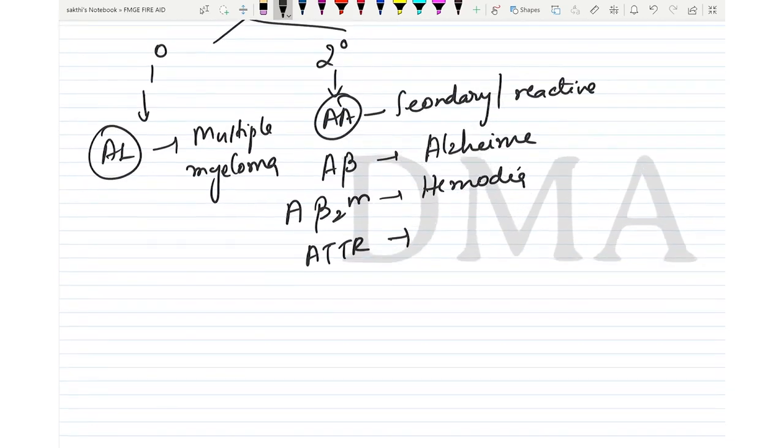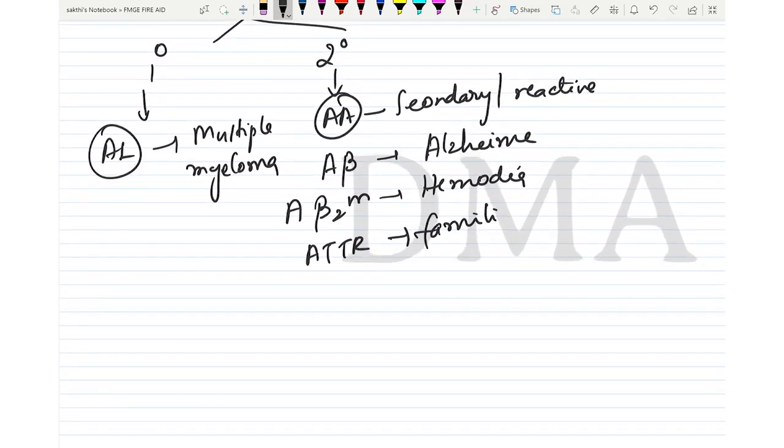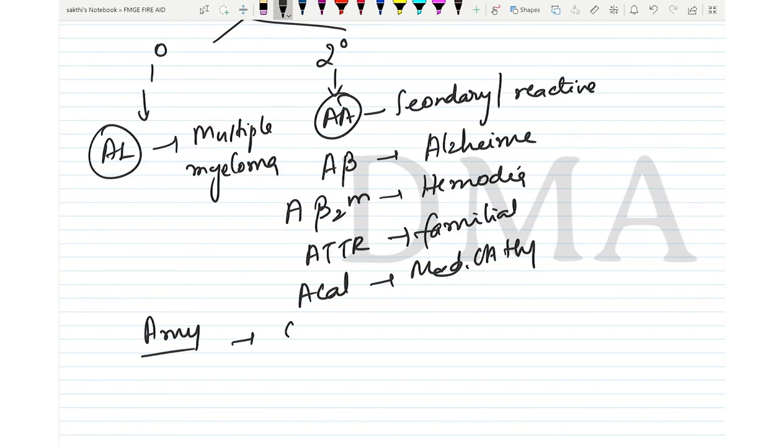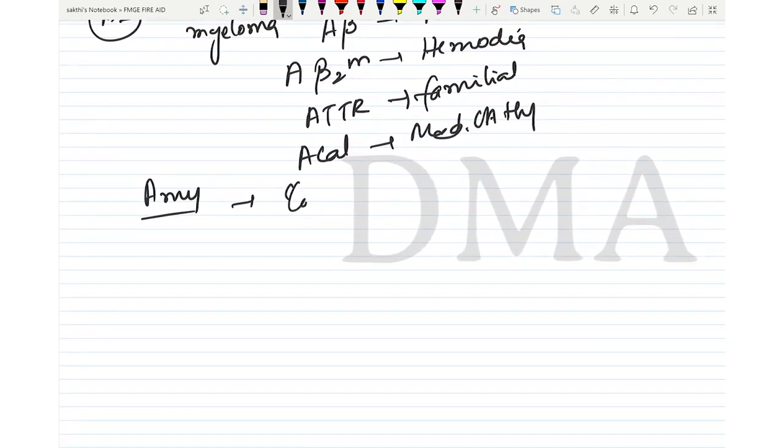Then coming to pneumoconiosis. Pneumoconiosis is because of chronic inhalation of inorganic particles in the air. Again, the most common pneumoconiosis is coal workers' pneumoconiosis, which usually affects the upper lobes of the lungs.